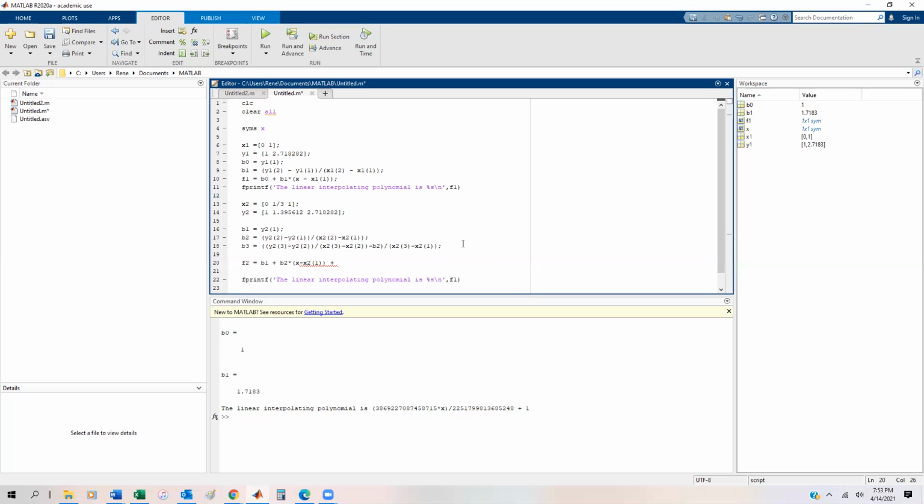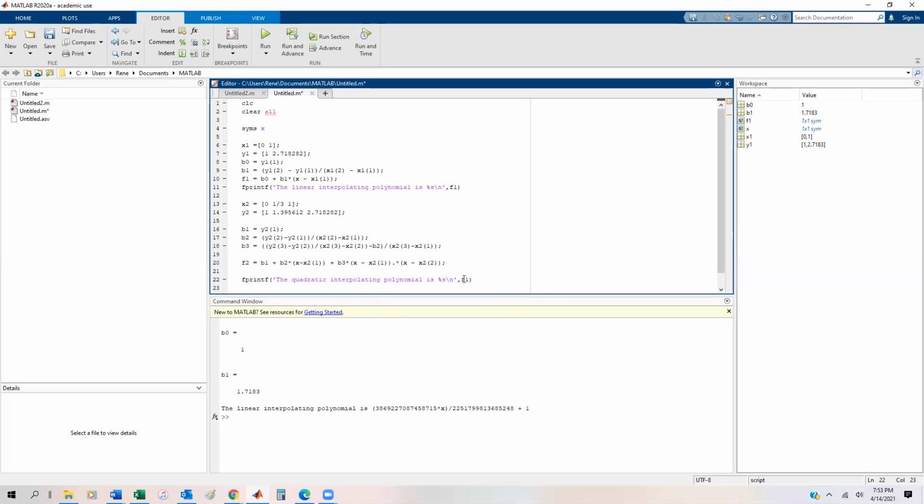And then we're going to add B3, which is the coefficient, times x minus x2, 1, and then times x minus x2, 2. Now we have to be careful because if we're doing any sort of substitutions back in, we should probably just use the matrix operator since it's going to be an x times an x, just in case we want to do multiple sorts of associations with this. And then this is going to be the quadratic.